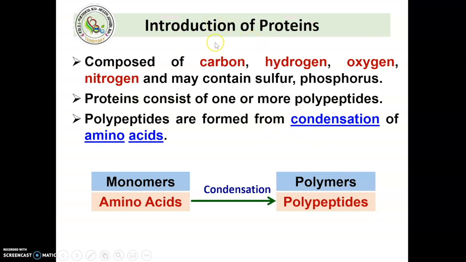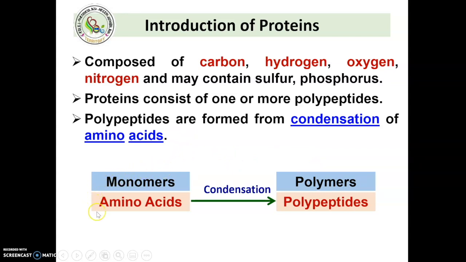Introduction of protein. Protein is composed of carbon, hydrogen, oxygen, nitrogen, and may contain sulfur and phosphorus. Protein can consist of one or more polypeptides. These polypeptides are formed from condensation of amino acids.